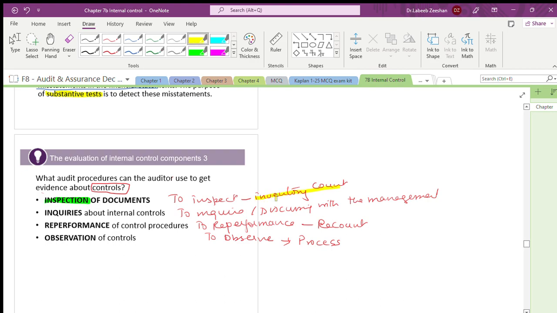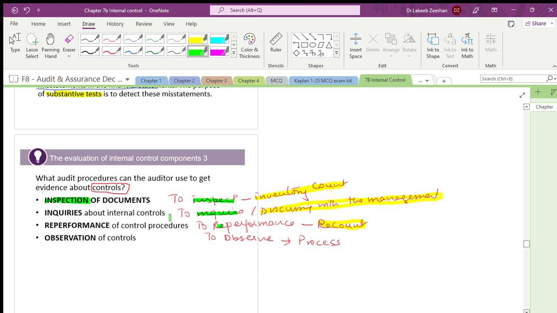These are the things which an auditor will do. That is what we are expecting from the question. The auditor will inspect and inquire to get the audit evidence about the controls.